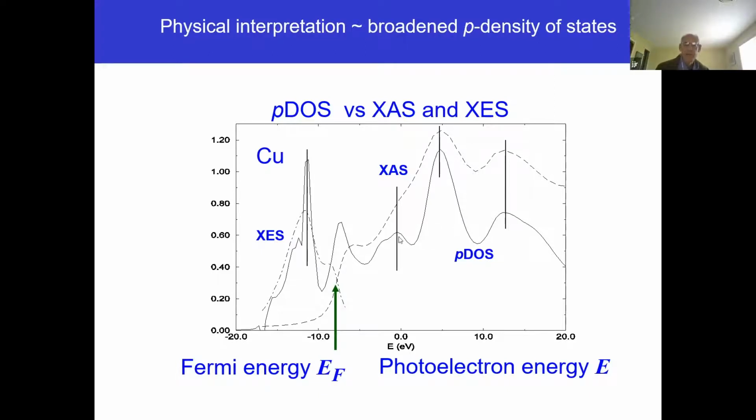And if we now compare, this is looking very close to the edge, the P DOS and the X-ray spectra, you see that there's a direct correspondence, except that the X-ray spectra is a little more broadened, and that's due to this imaginary part of the self-energy. And similarly, the X-ray emission spectra comes from the occupied part. And again, it's in one-to-one correspondence. So X-ray absorption spectra is really measuring the distribution of electrons in a given final state angular momentum. It's a nice way of thinking about what you're measuring.